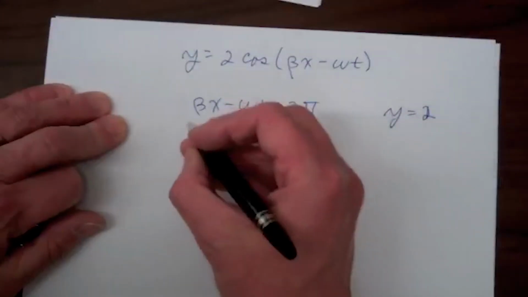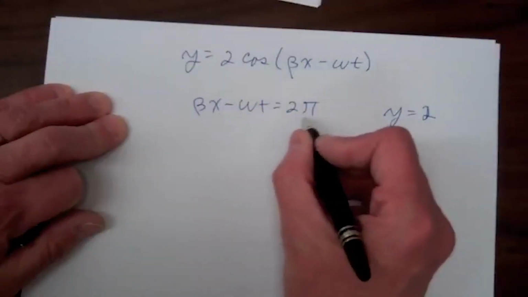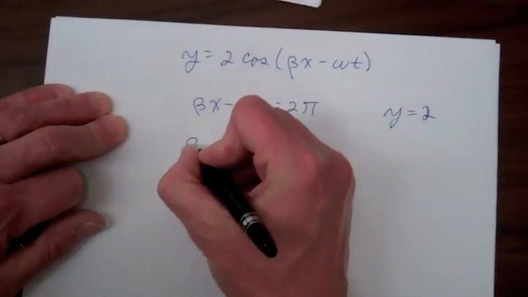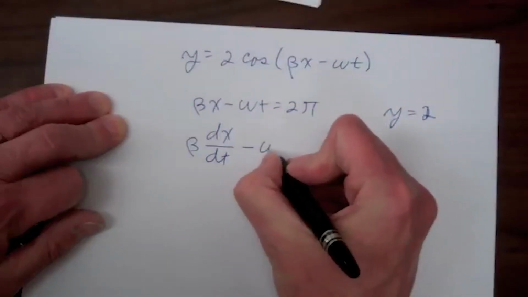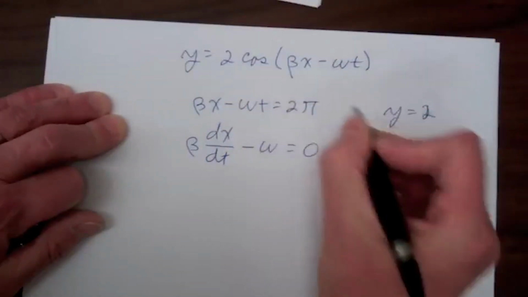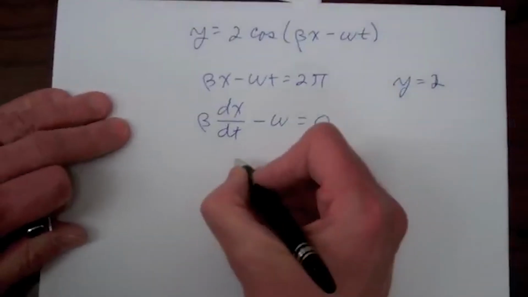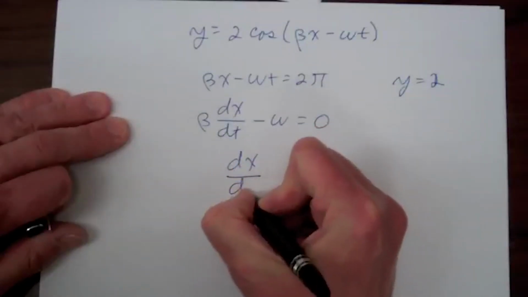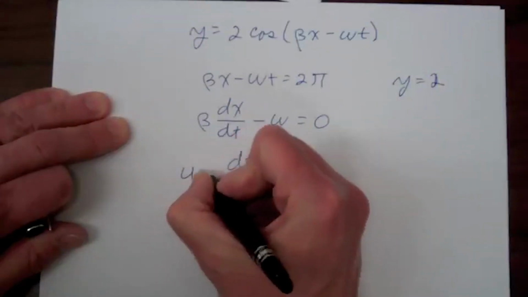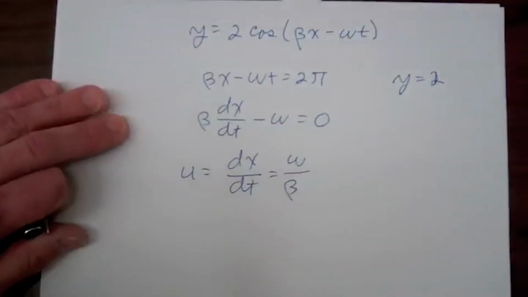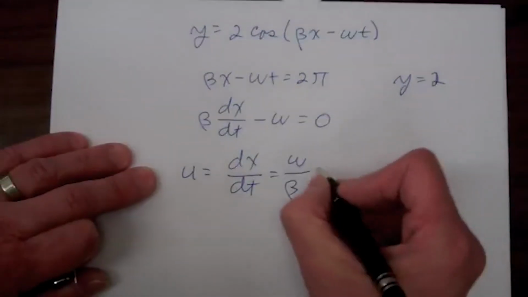So again, let's take the derivative with respect to time of this equation here. So we'll have beta times dx/dt minus omega is equal to 0 since the right-hand side is a constant. So if you solve for dx/dt, you find that's omega over beta, which is just velocity. dx/dt is velocity, the velocity of our wave.